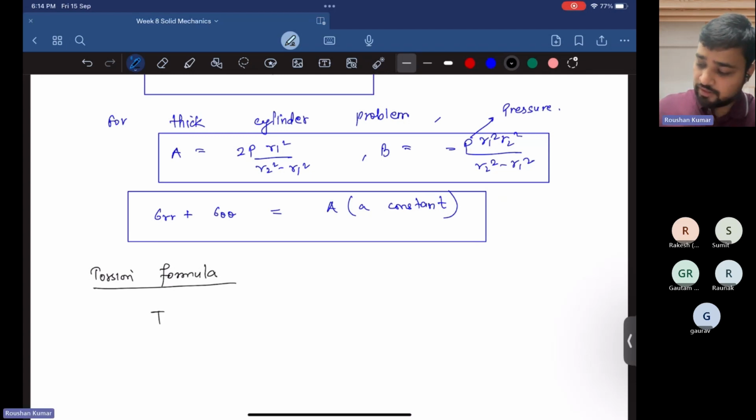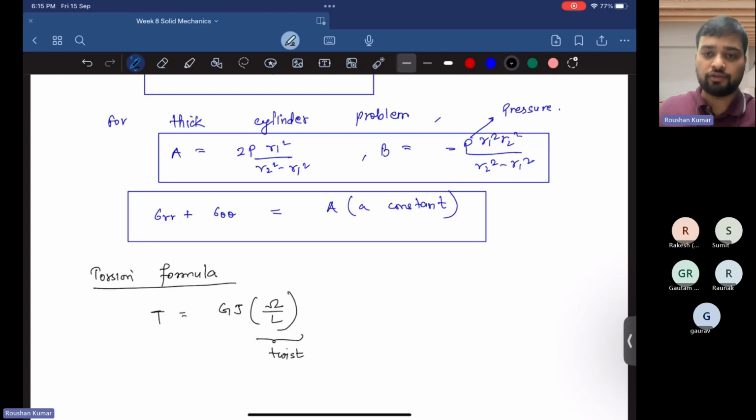It is given by T equal to Gj omega by L, where G is the shear modulus of the body, and as you know omega by L is called twist, or the rate of change of rotation of the cross section. So this is the formula for torsion, where T is the torque.